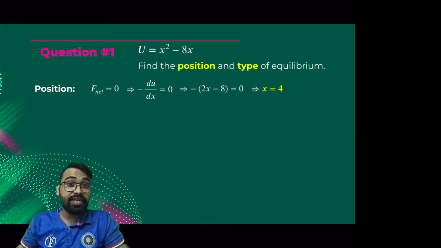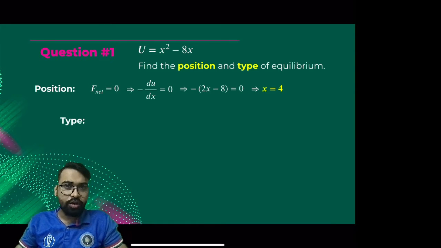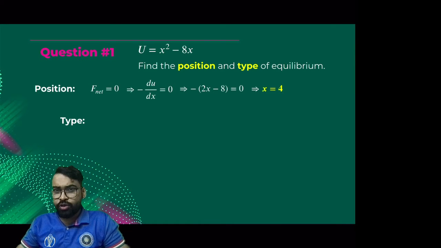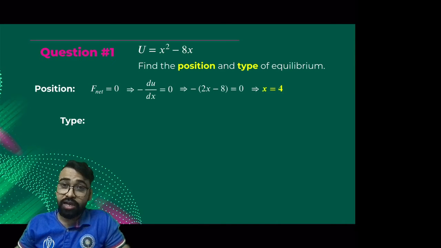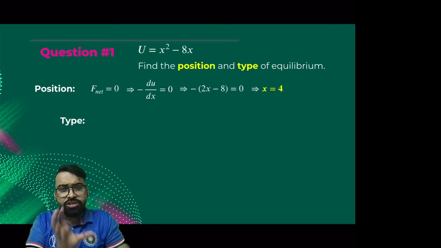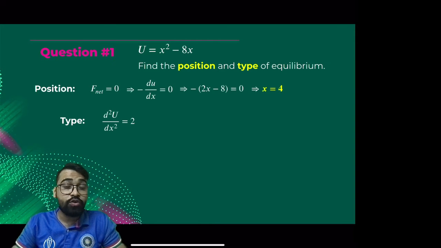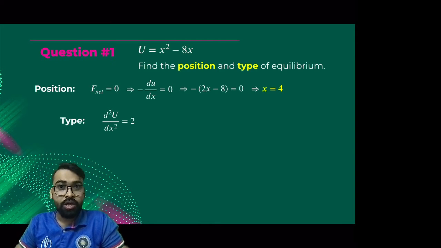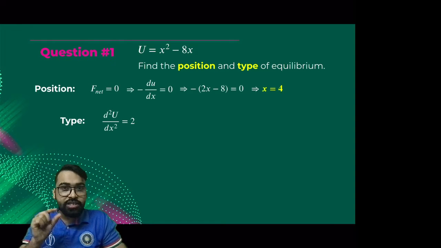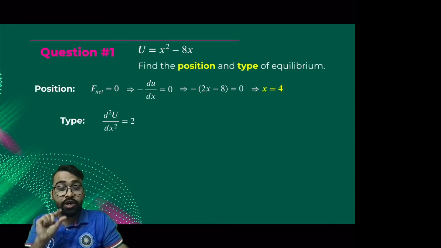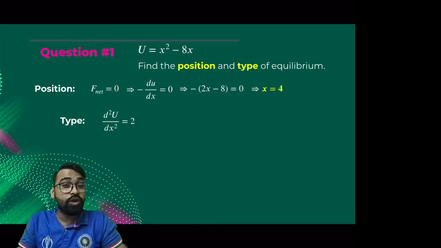What about the second thing? What about the type of equilibrium? So what I would do here is, like I told you, I would take the double derivative, judge this double derivative and get the answer. So if I differentiate dU by dx once again, if I do d2U by dx2, I will find that x square was 2x, and 2x will in turn give me only 2.